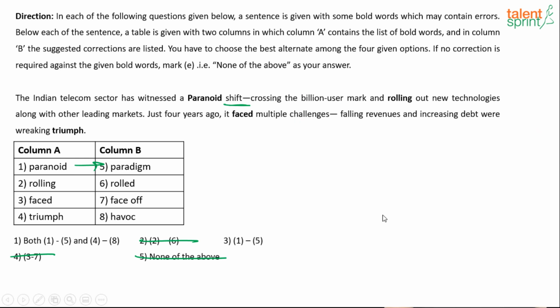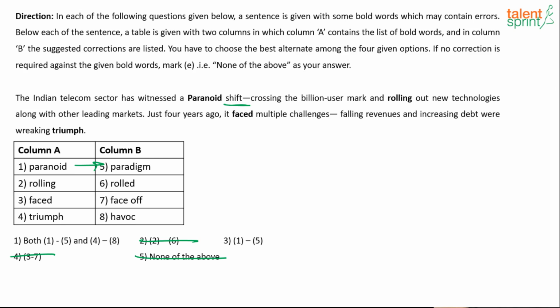Crossing the billion user mark and rolling out new technologies along with the leading markets just 4 years ago, it faced multiple challenges. Falling revenue and increasing debt were wreaking triumph.